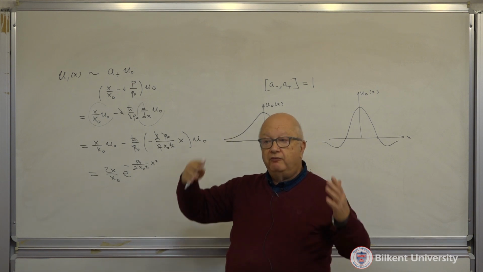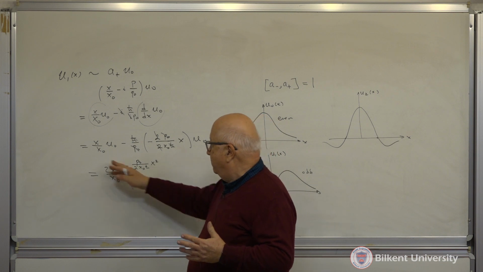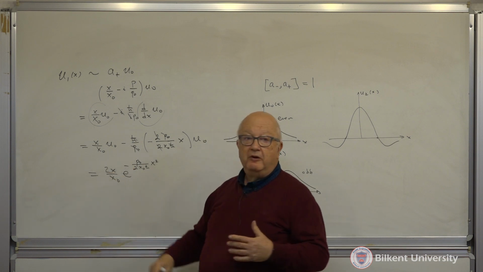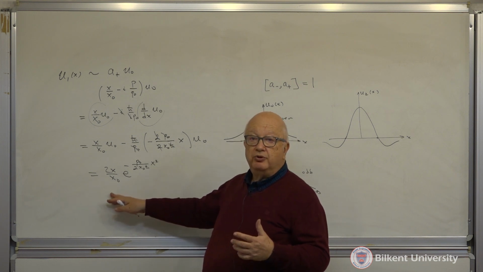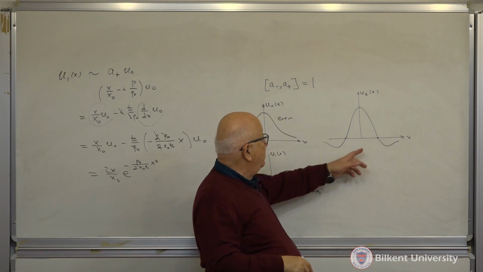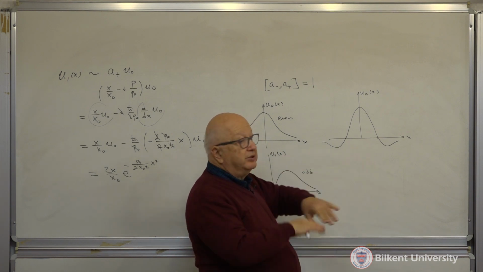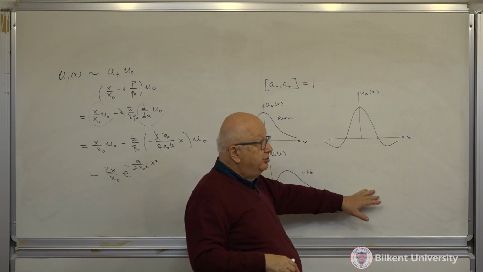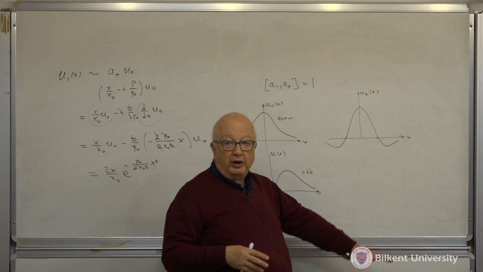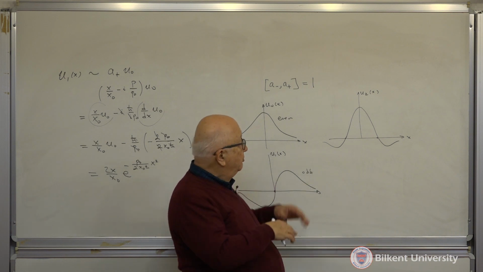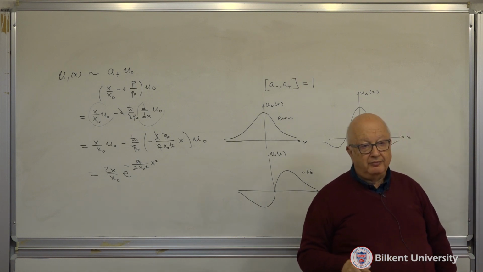So the Gaussian form is still there, and you get a prefactor in front, which will be a polynomial in x. The next order thing is going to be quadratic, x squared something times the Gaussian. The next is going to be a cubic polynomial times the Gaussian, and so on. So those are the forms of the solutions.